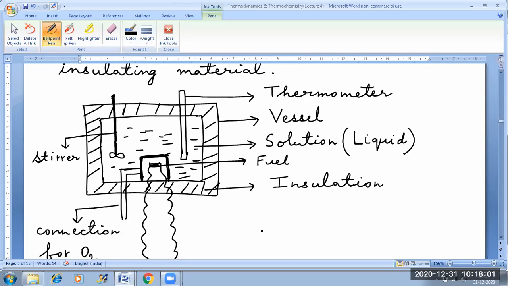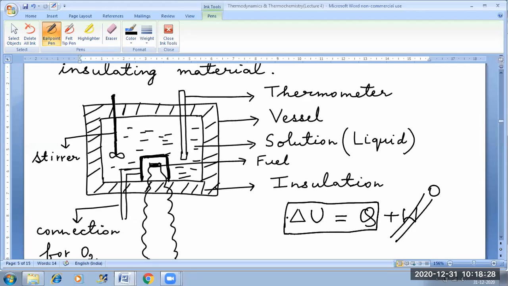Now, when the reaction happens inside the bomb, the heat is generated at constant volume. So I can say if volume is constant, then delta U is equal to Q, because as per the first law, delta U is equal to Q plus W. If volume is constant, W becomes 0. So delta U is equal to Q. Whatever heat I'm measuring in this calorimeter is nothing but the change in internal energy of the reaction.